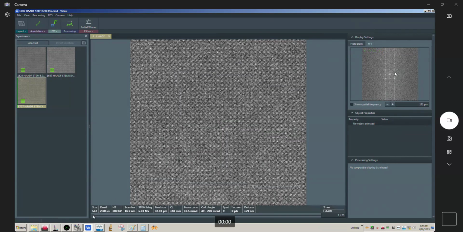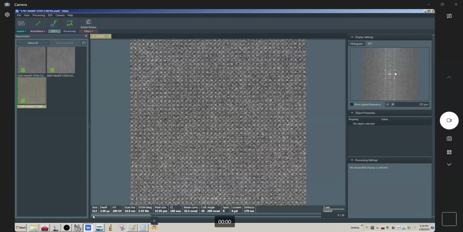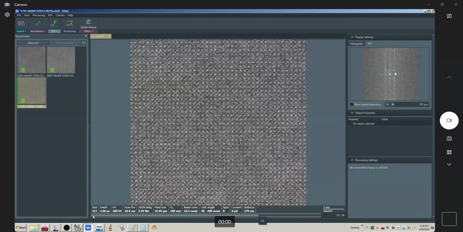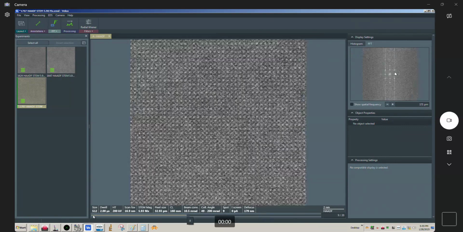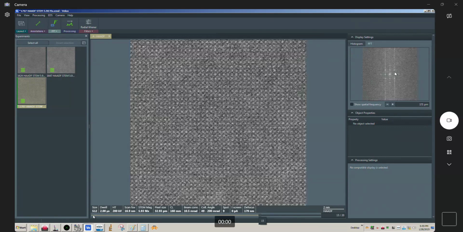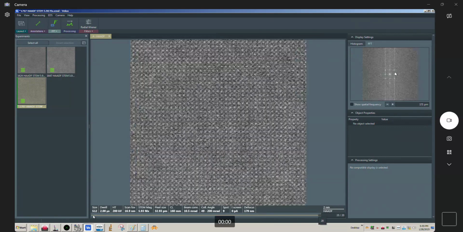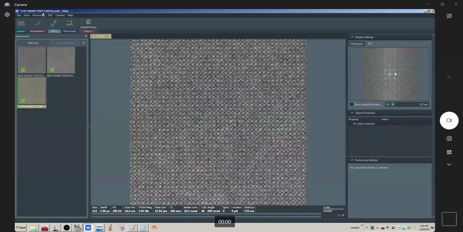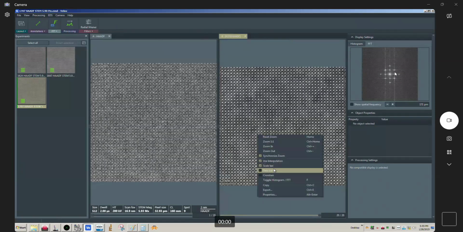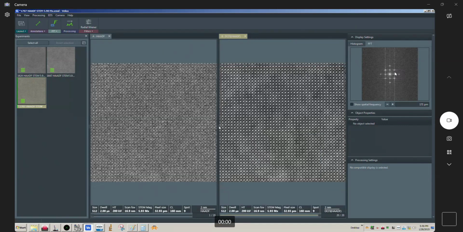And now if I cycle through this, you can see, because my time per frame is much smaller, the shift per frame is a lot less, okay? It's much, much less now than it was before, okay? So now let's do the frame integration. And look at that, okay? This looks much better than what we were getting at 1K by 1K.